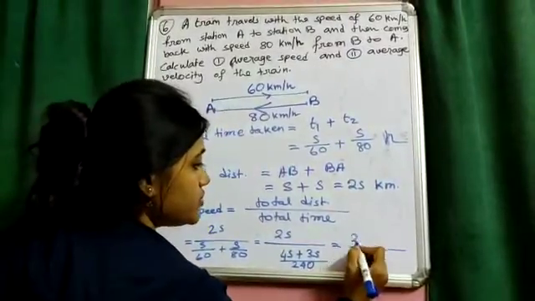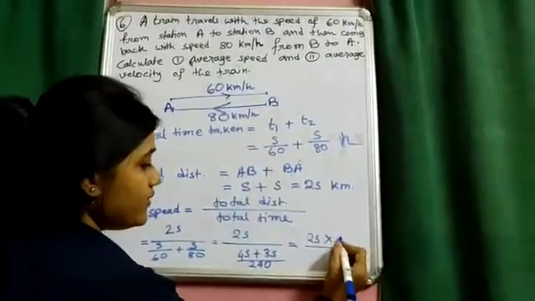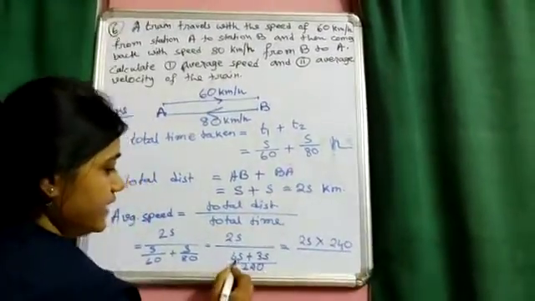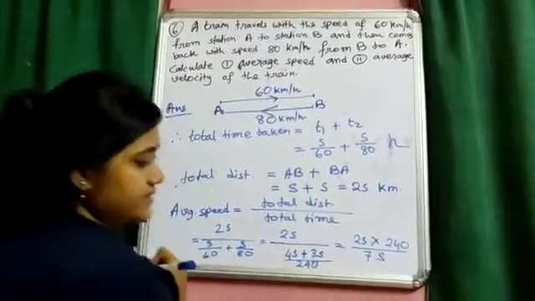It will go above, so 2S into 240 over, and 4S plus 3S is 7S.